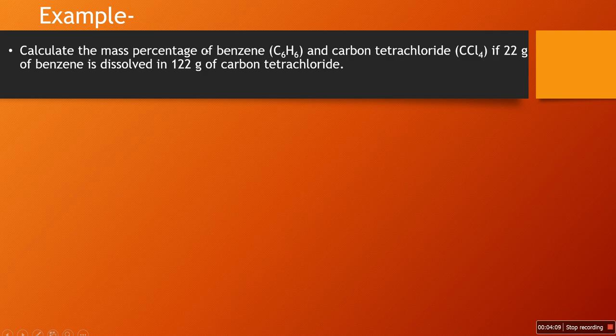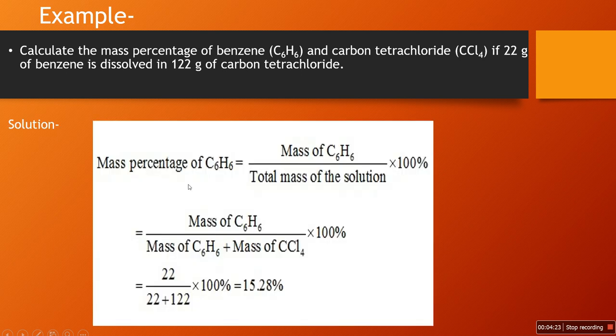Now the example for mass fraction is to calculate the mass percentage of benzene and carbon tetrachloride if 22 grams of benzene is dissolved in 122 grams of carbon tetrachloride. So what we can do is firstly write down the mass percentage of the benzene, which is the mass of benzene divided by the total mass of the solution.